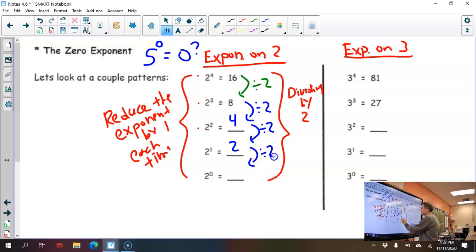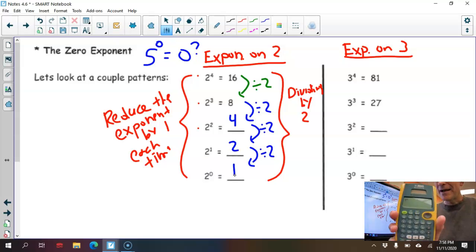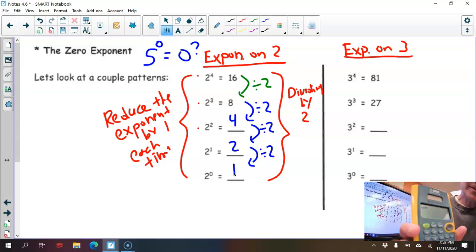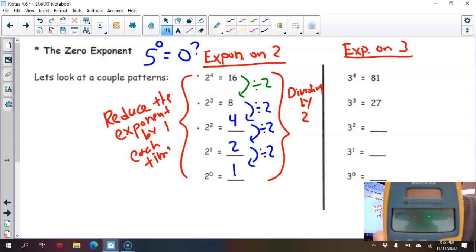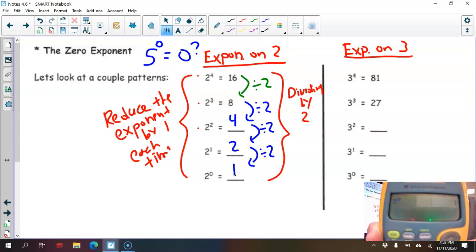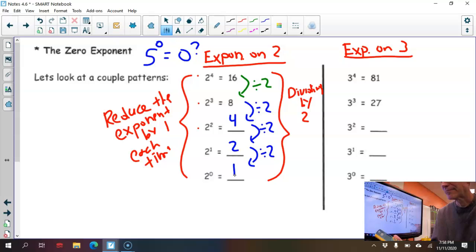If I divide by 2, 2 divided by 2, what do I get? I get 1. And that's actually what 2 to the 0 is. Or, if you look at my calculator again, I have 5 to the 0, and when I hit enter, that's right, it's 1.